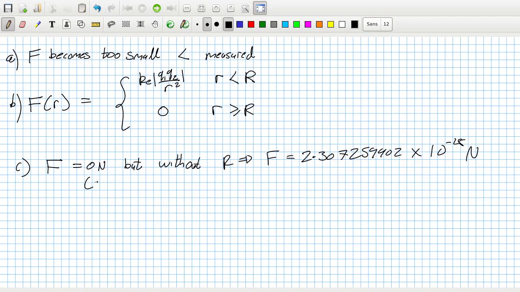Yeah, this is with the approximation, and then this is without. So sorry. Right. Okay, I think that's what they are looking for. It's 0 force or that tiny force.